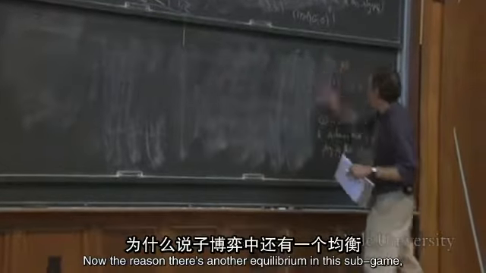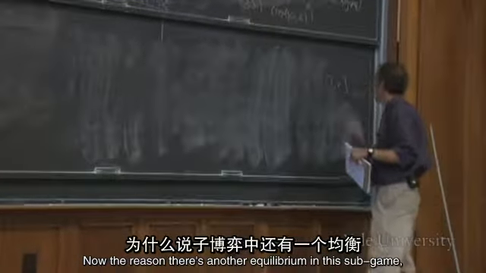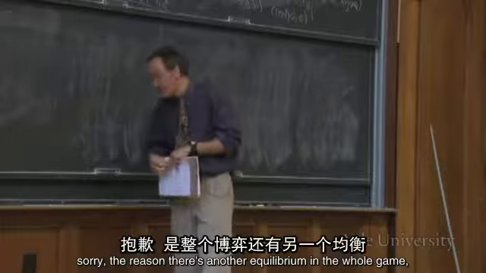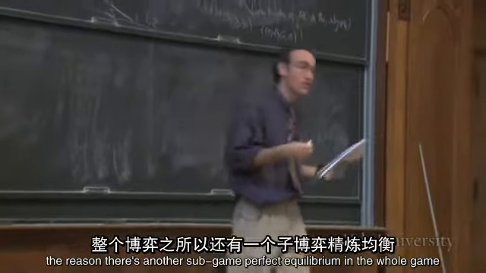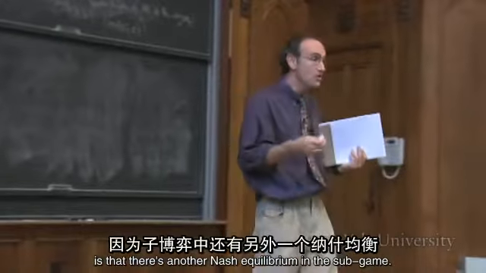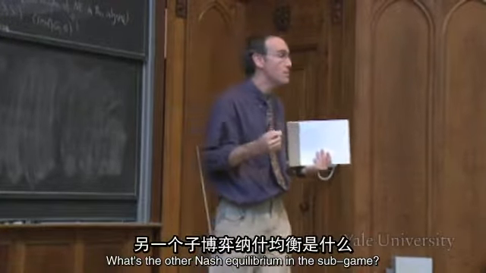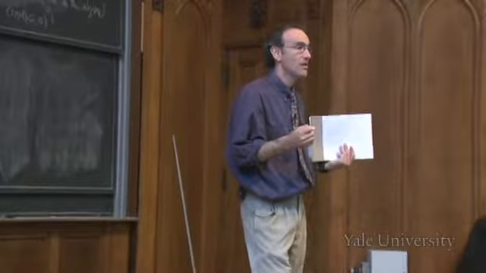Now, the reason there's another subgame perfect equilibrium in the whole game is that there's another Nash equilibrium in the subgame. What's the other Nash equilibrium in the subgame? They could mix, right?